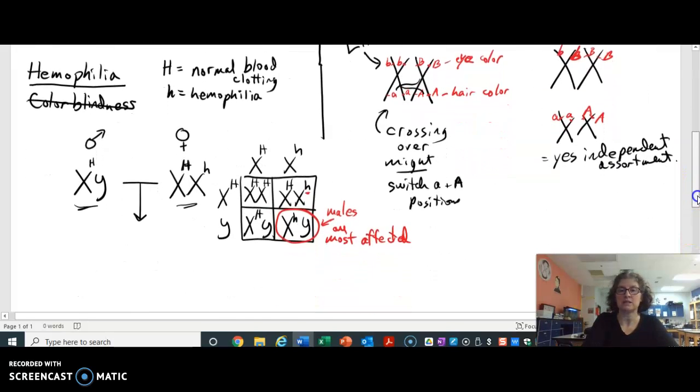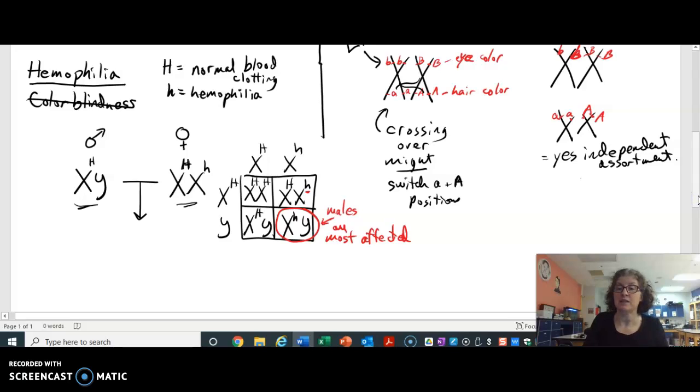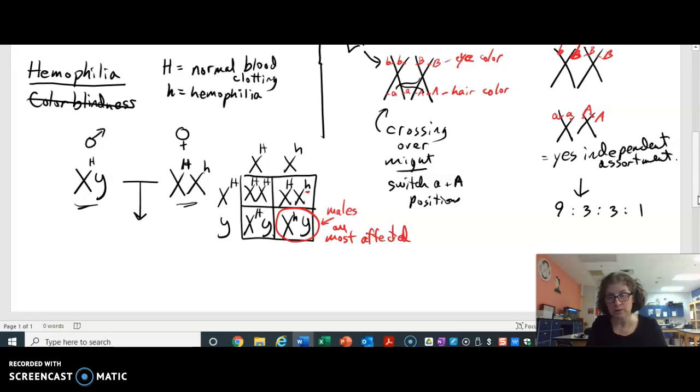So just to complete this, if you do have independent assortment and you're doing a dihybrid cross, you should get that 9, 3, 3, 1 phenotypic ratio. Because everything's independently assorting, so you should get these different types of offspring in this particular ratio.